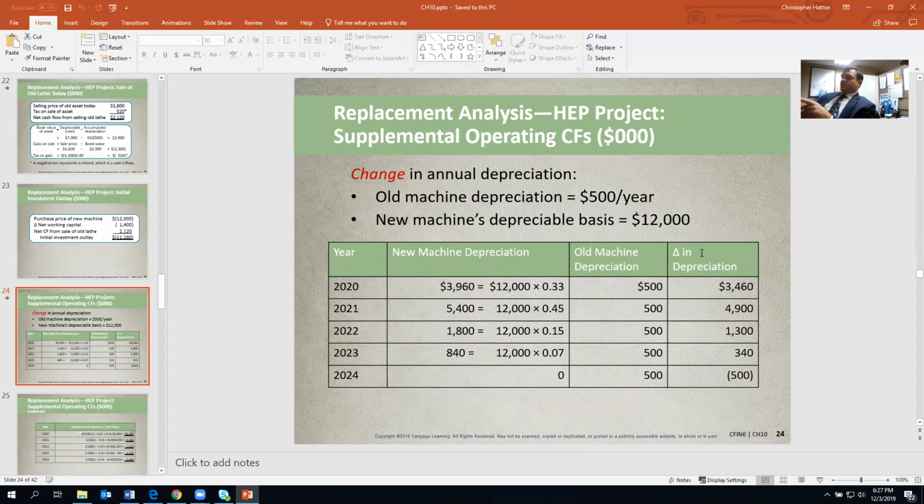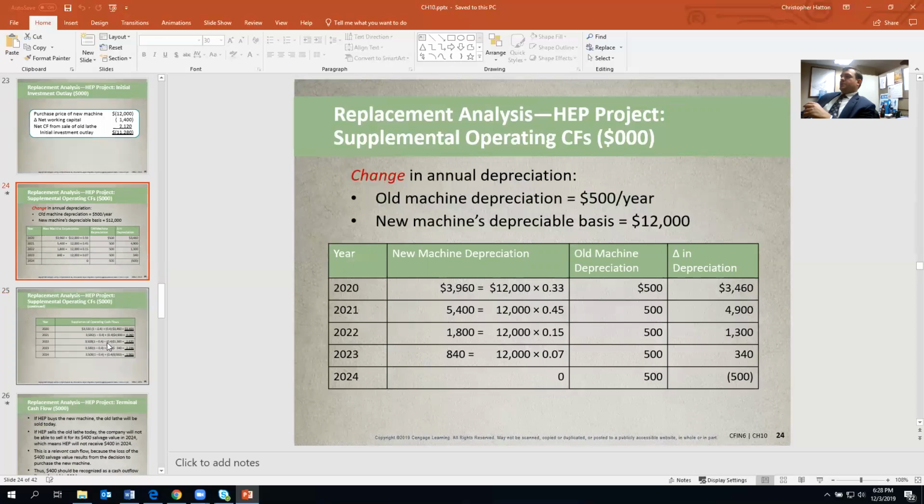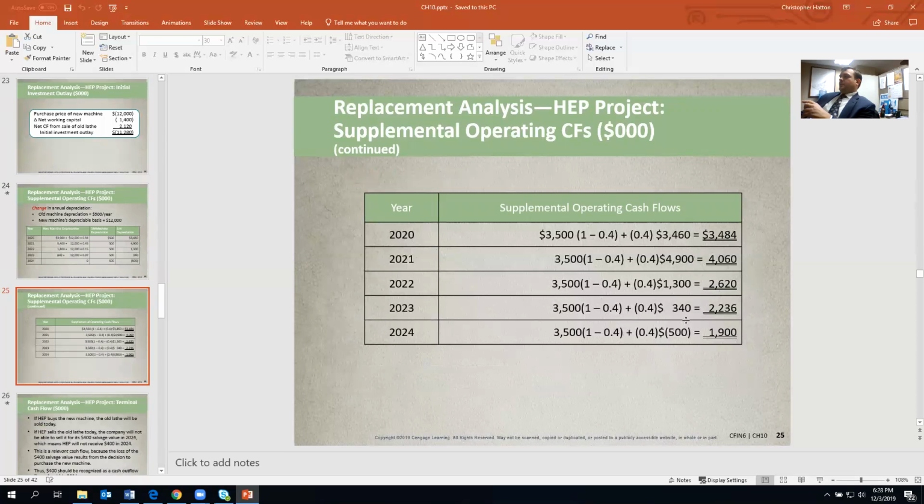And then the change in depreciation is what you want to calculate. So the other one was straight line 500 each year. And then the new machine is depreciated like this. So what you have is 3960 minus 500 equals, and then down here 0 minus 500 equals negative 500. And then you use these change in depreciation in the formula.